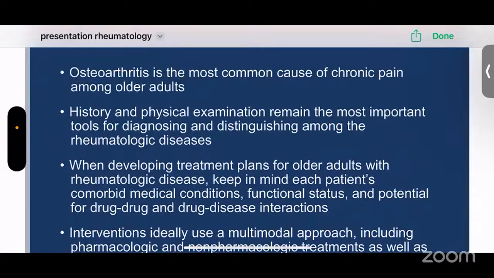So we must keep in mind that in school or during your reading, rheumatology is an easy topic. But in practice, rheumatology really needs a detailed history and detailed examination, because the symptoms of the patient vary from the beginning of the disease through the progression of the disease.